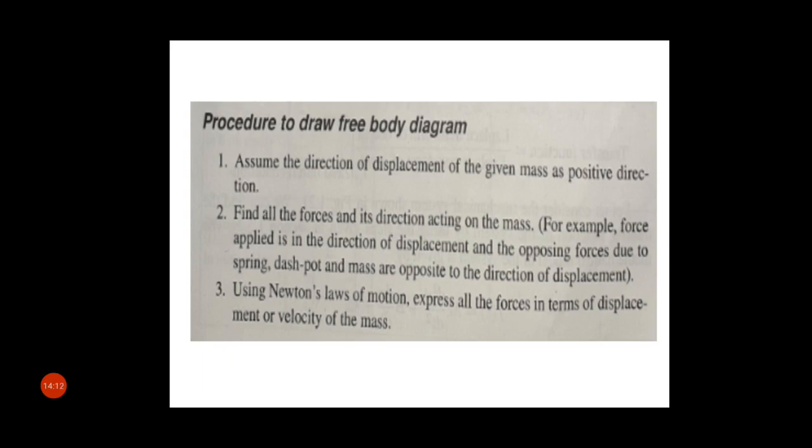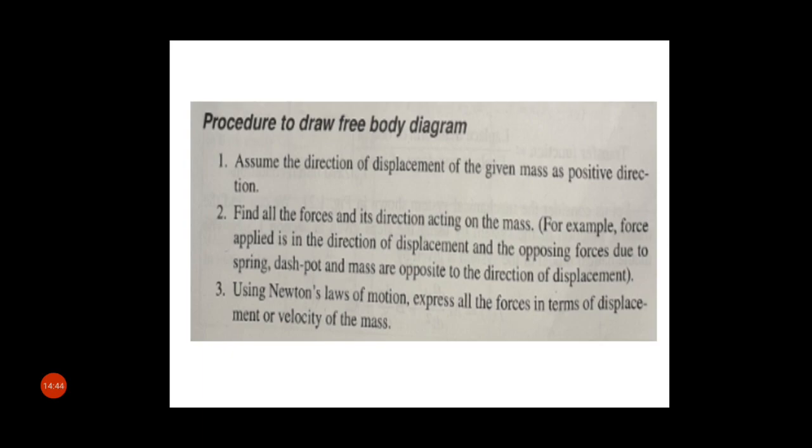For example, the applied force is in the direction of displacement, and the opposing forces due to spring, dashpot and mass are opposite to the direction of displacement. Then, using Newton's law of motion, express all the forces in terms of displacement or velocity of the mass.